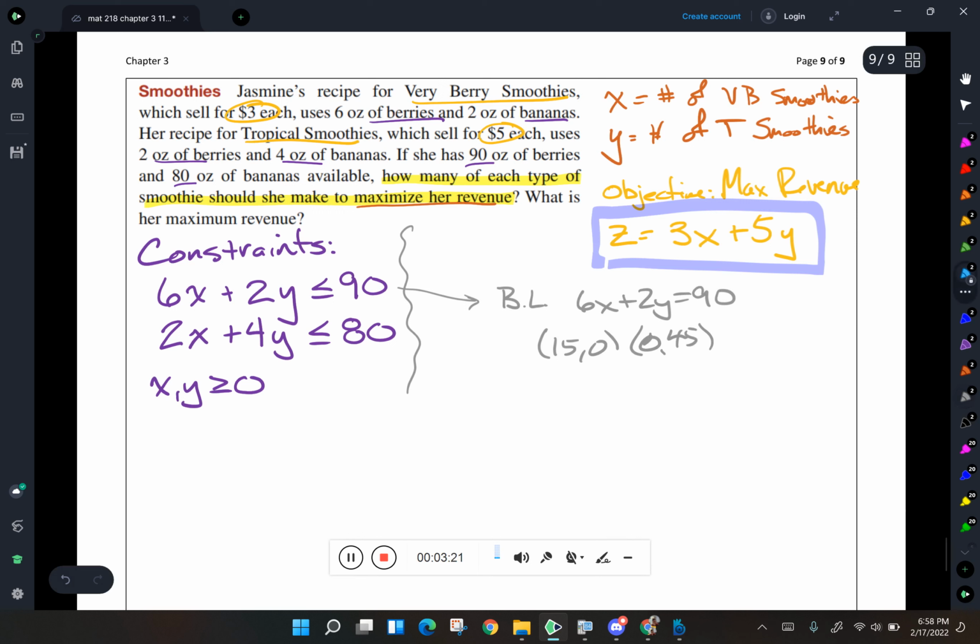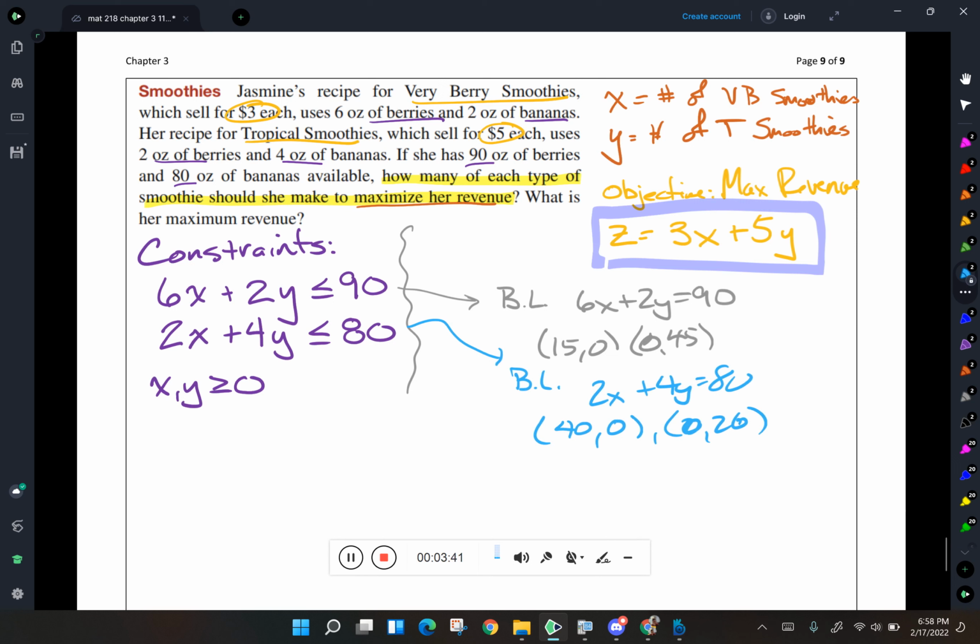The boundary line for the second inequality is 2x plus 4y equals 80. It has an x-intercept of 40 and a y-intercept of 20. And we can go from there.